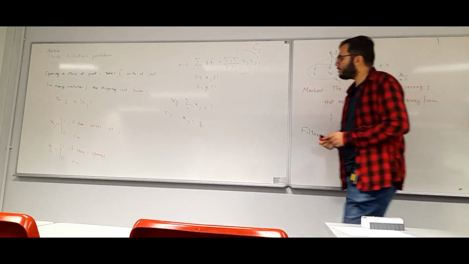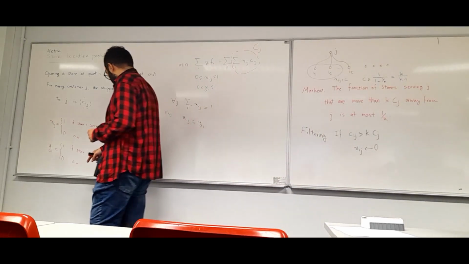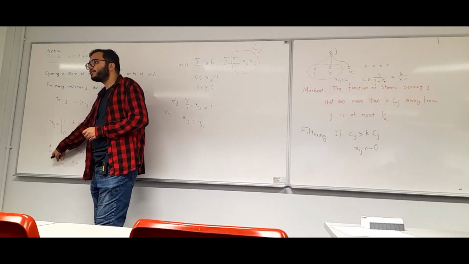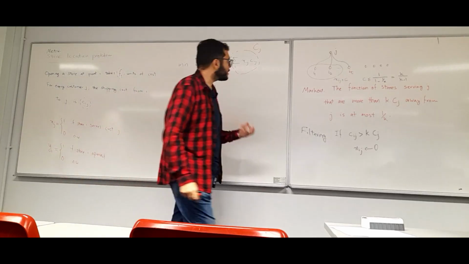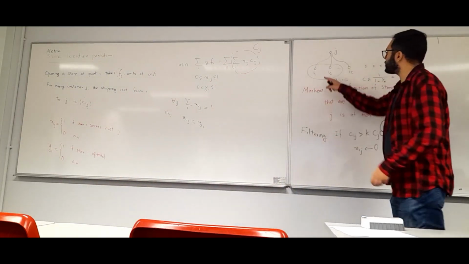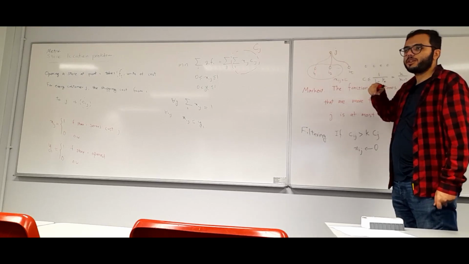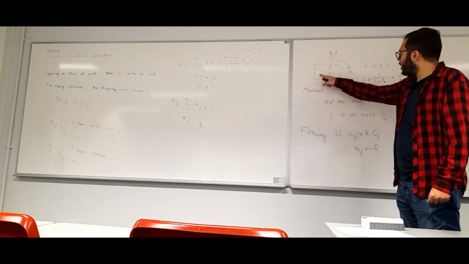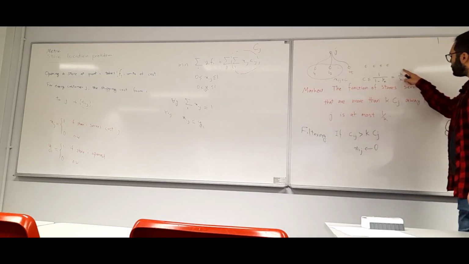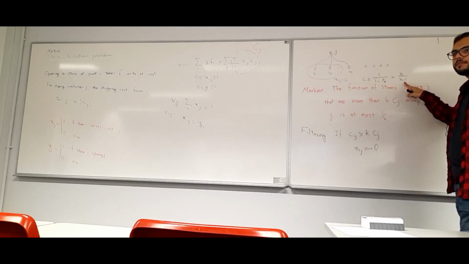And of course, I have to do the same thing here with the yi's. So how much is this store open? Maybe this store has to be open more now that it has to serve this customer more. But again, the yi's also get multiplied by at most K over K minus 1.